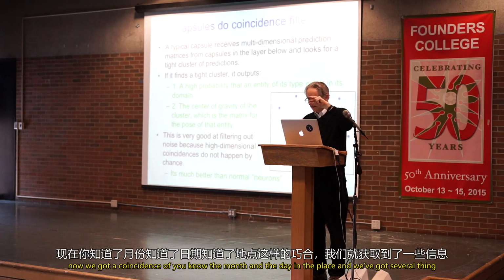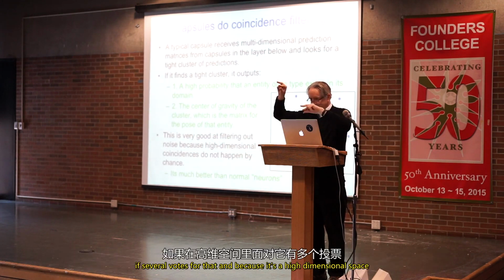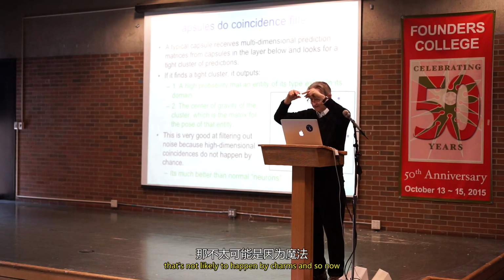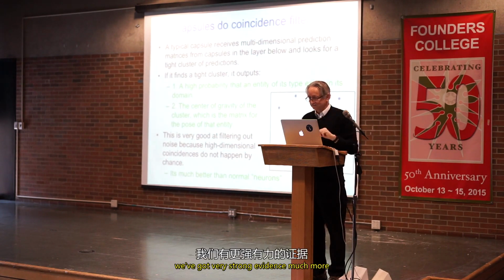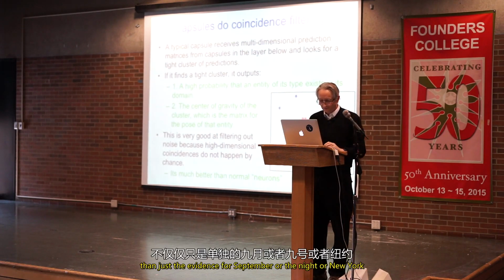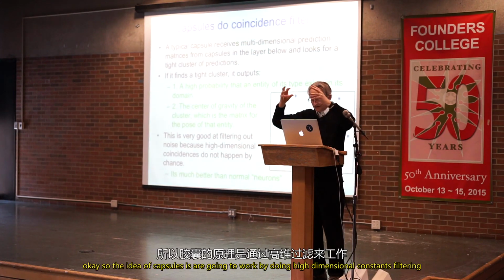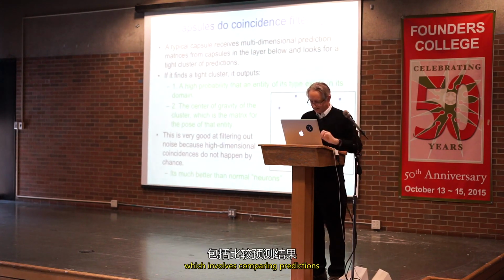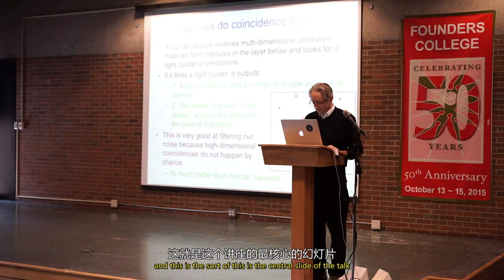We've got a coincidence of the month and the day and the place, and we've got several votes for that. And because it's a high-dimensional space, that's not likely to happen by chance. And so now we've got very strong evidence, much more than just the evidence for September or the 9th or New York. Okay. So the idea of capsules is going to work by doing high-dimensional coincidence filtering, which involves comparing predictions.